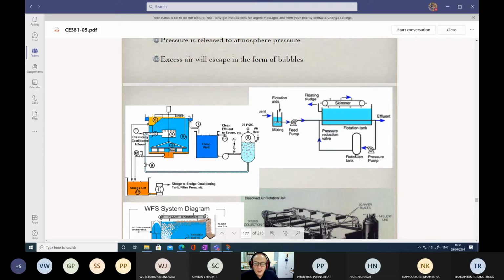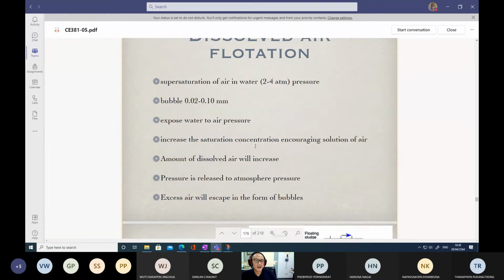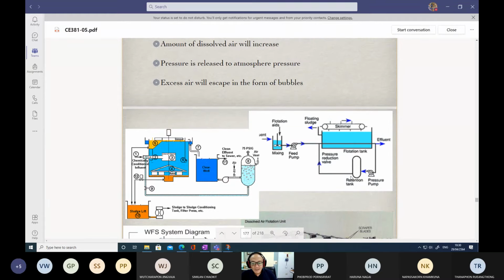Once we supersaturate the liquid, which is the effluent, so it must be clean water or water with lower suspended solids, we saturate it until it reaches the supersaturated condition. And after that, we put it back into the flotation tank.